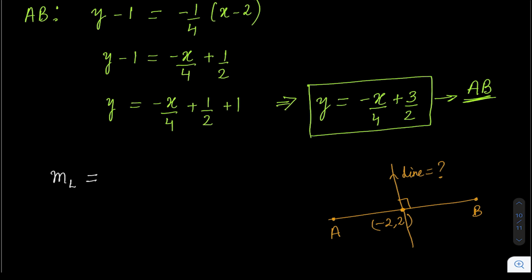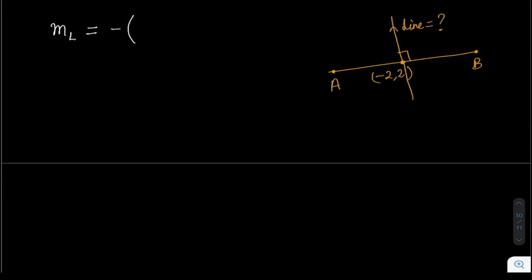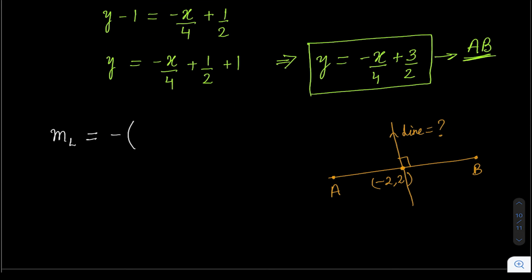So the gradient of line L will be the negative reciprocal of this. The reciprocal of minus 1 over 4 is 4 over minus 1, so the negative reciprocal gives me 4. So the gradient of line L is 4, and the point we already know is minus 2 comma 2, the midpoint.